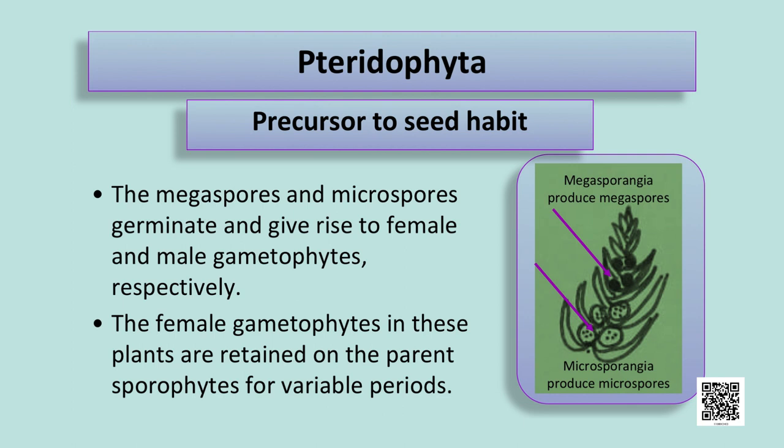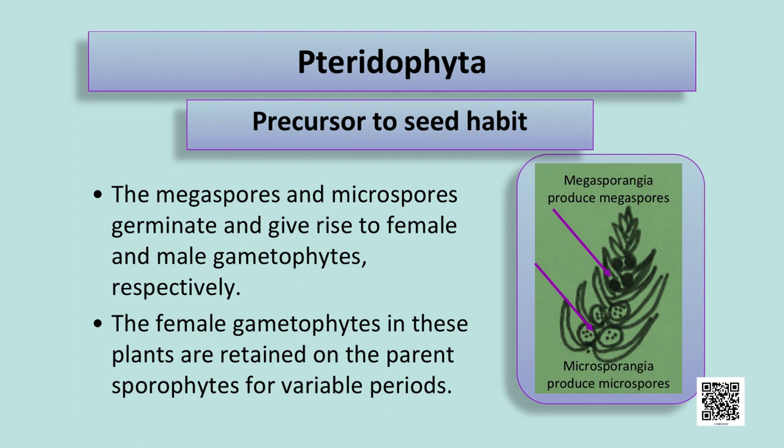Some sporophylls are arranged into compact structures called strobili. In this picture, you can see strobili bearing microspores and megaspores. The megaspores and microspores are formed in the strobili. The megaspores and microspores germinate and give rise to female and male gametophytes respectively.